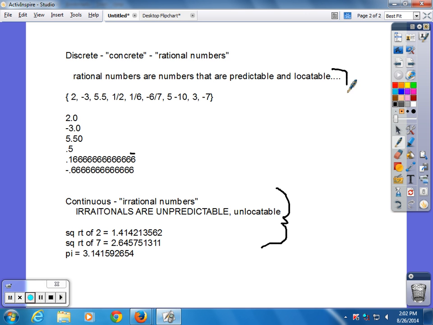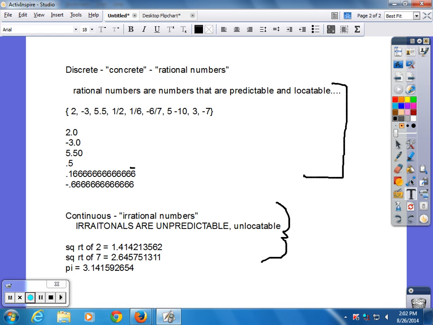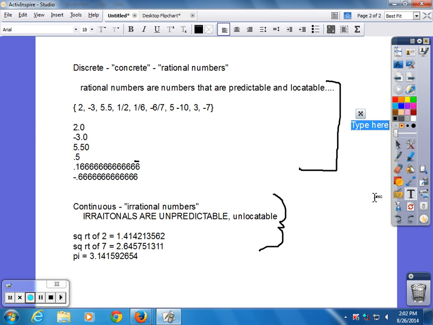This one is what? What would you say these numbers are compared to these sporadic numbers? Solid. Right? So write that down for both of them. These are your solid numbers. And these are your what? Not so solid.